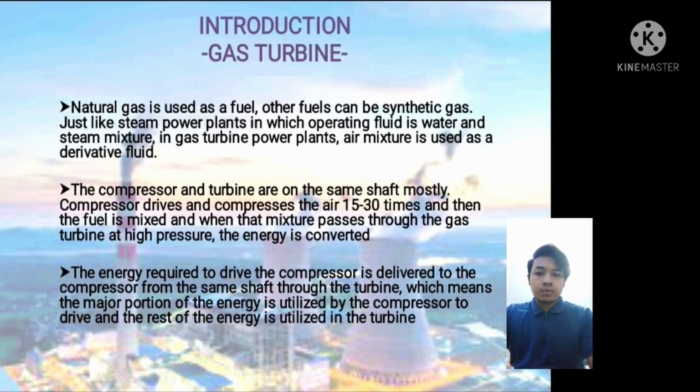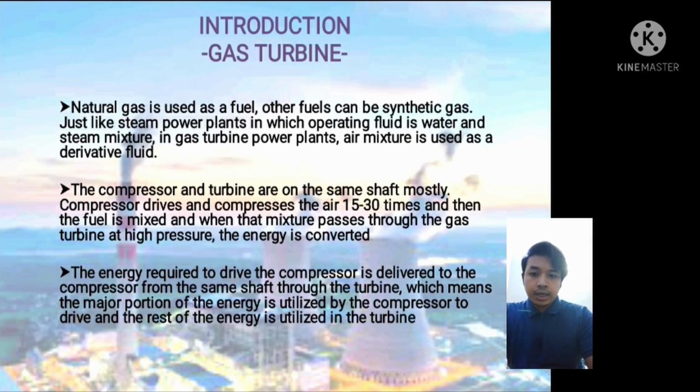Because of this wastage of energy, the efficiency of normal gas turbine power plants and open cycle gas turbines is around 20 to 25%, which is way less than its potential. Even steam turbines have greater efficiency than this.